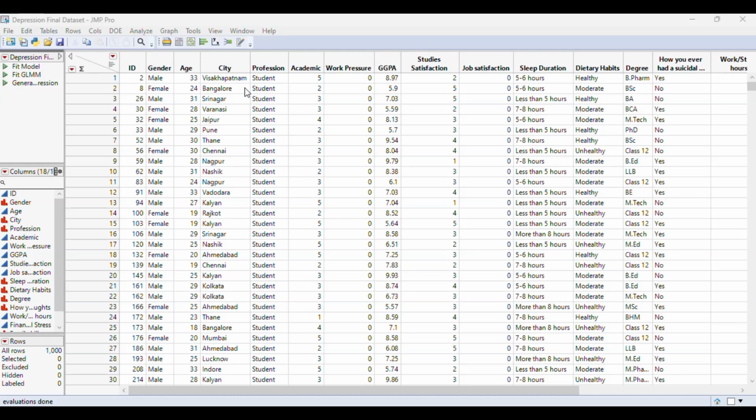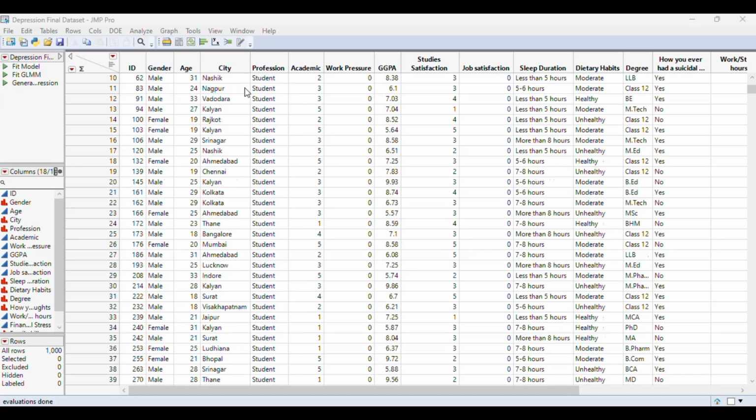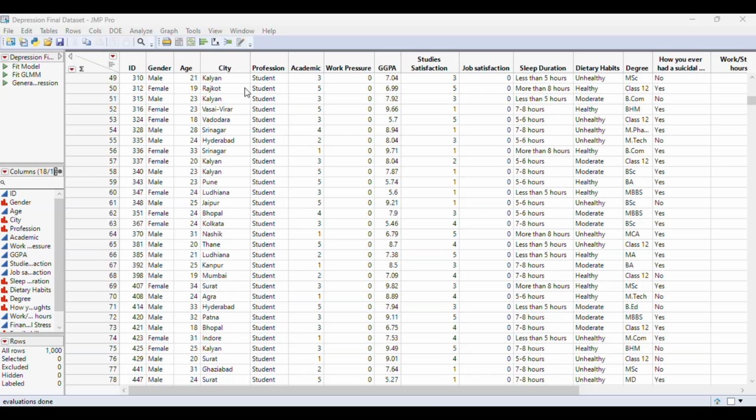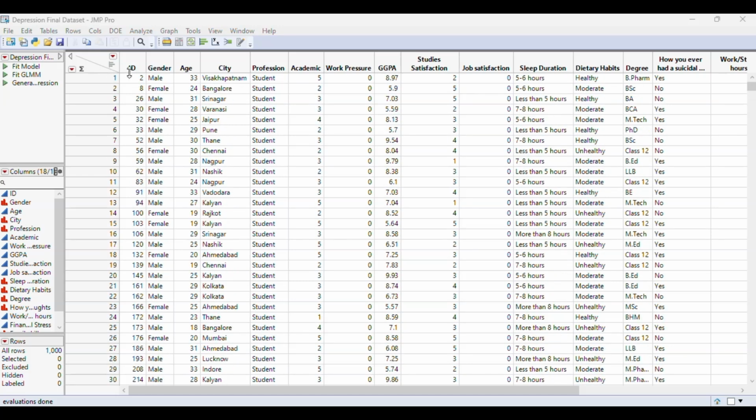So we collected some data, about 1,000 records. The data include gender, age, city, profession, academic pressure, work pressure, and CGPA of the student.